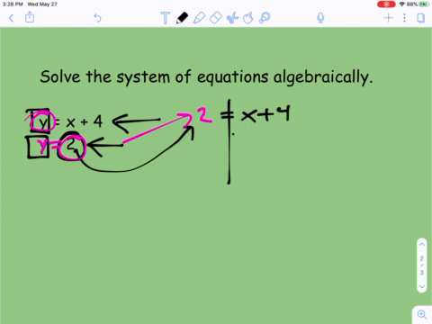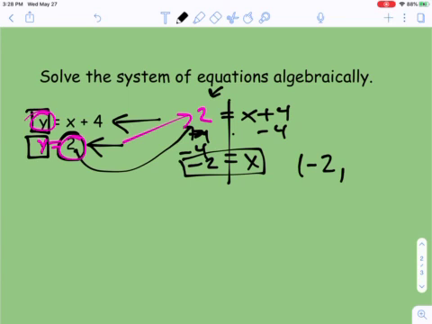So we've got x plus 4 on this side and we've got 2 over here, so let's subtract 4 from both sides. We do that and we get x, and then 2 minus 4 equals negative 2 is what my x coordinate is. And then if it doesn't tell you what y is in the equation, you're going to have to put your x into one of those to figure out what it is. But this one does. It gives us the point negative 2, and then we use this y equals 2.